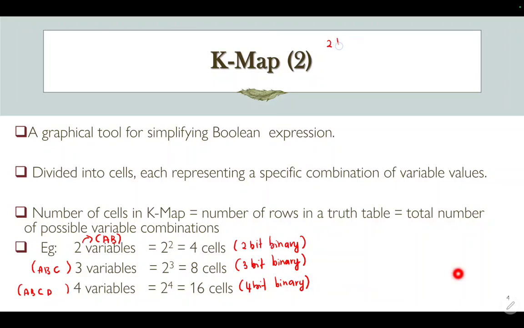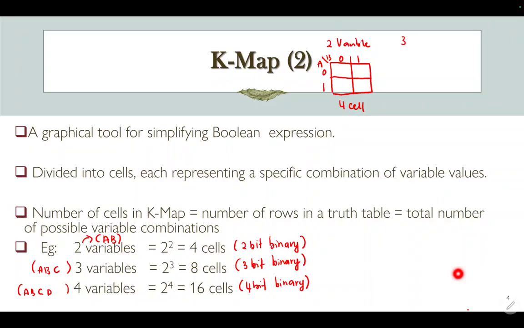So 2 variable, you got A and B, and then 4 cells, either A 0 or 1, B 0 or 1. Okay, so this one is 4 cells.